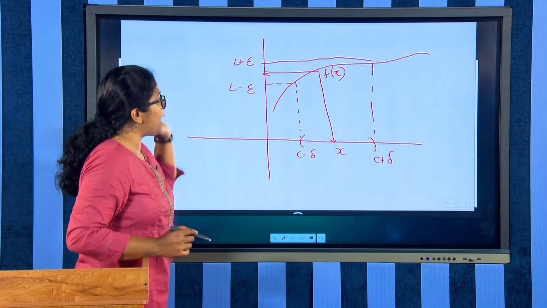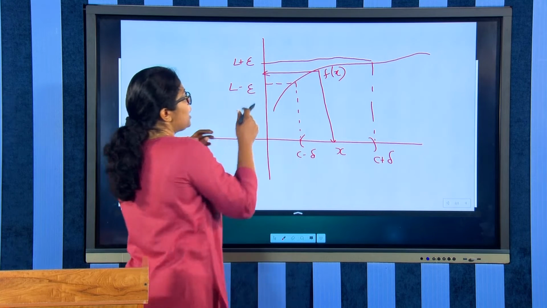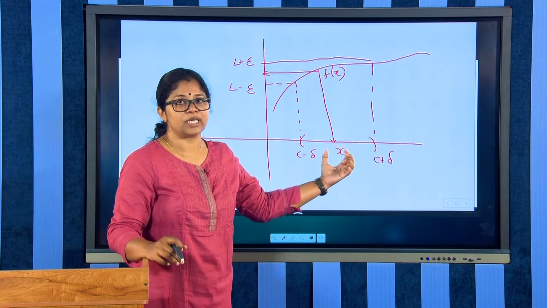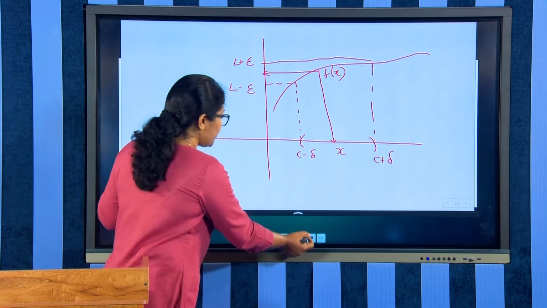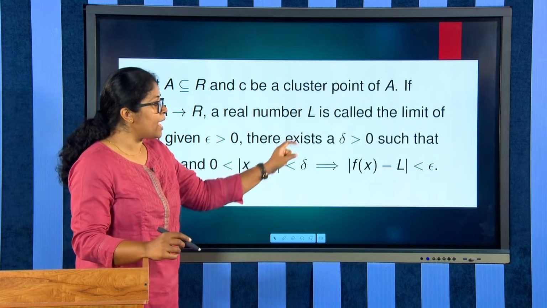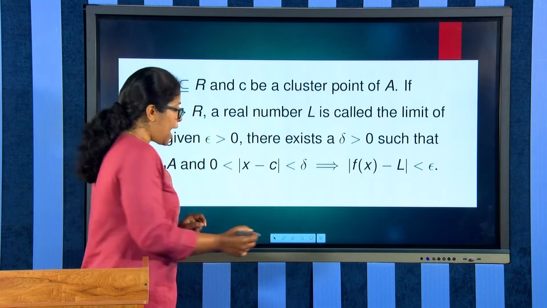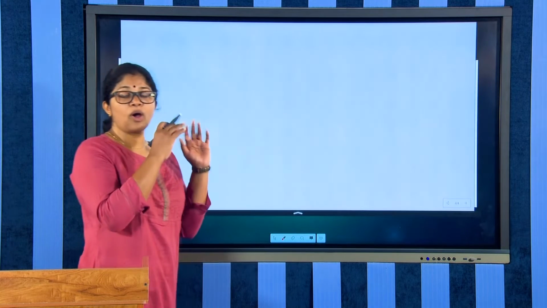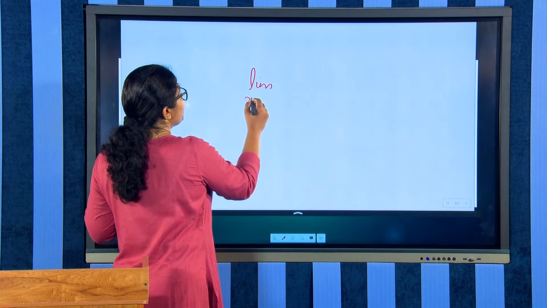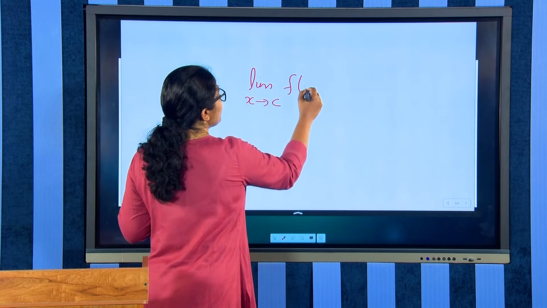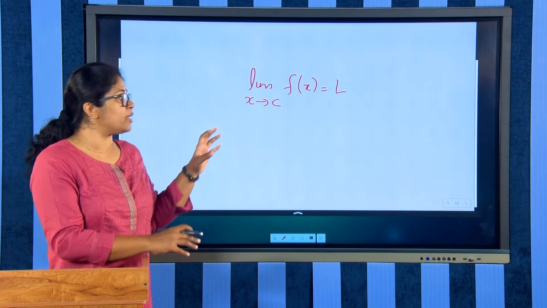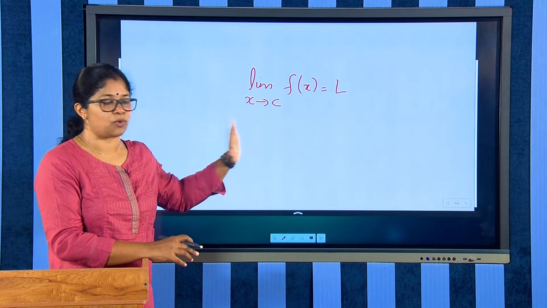Whenever this happens, we say that f of x is very close to L as x becomes closer and closer to C. Then we will say that this function f has limit L as x approaches C. We can express this entire discussion as limit of f of x as x approaches C is equal to L. This is the notation used for representing whatever we have discussed so far.